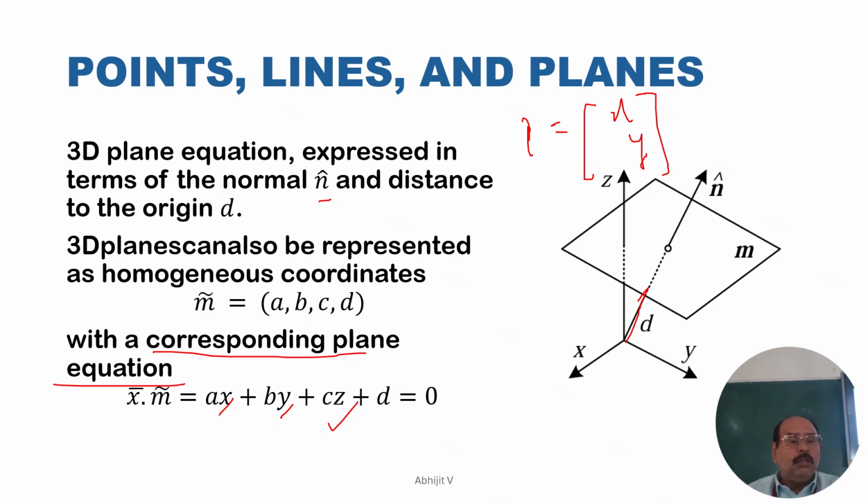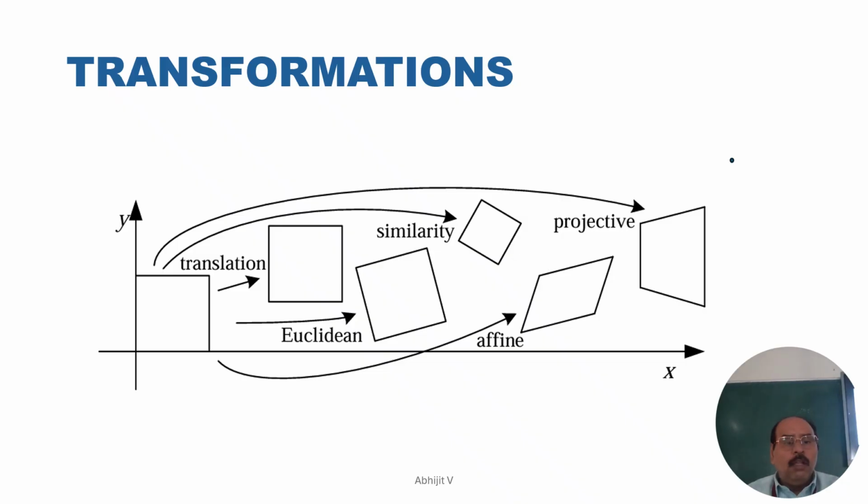As we go on, next is an important point and very important things. What are the possible transformations? What are the possible changes that you need to do with an image? What is meant by translation, Euclidean, similarity, affine, and projective transformations? Transformations means you are changing that particular image from one form to the other.